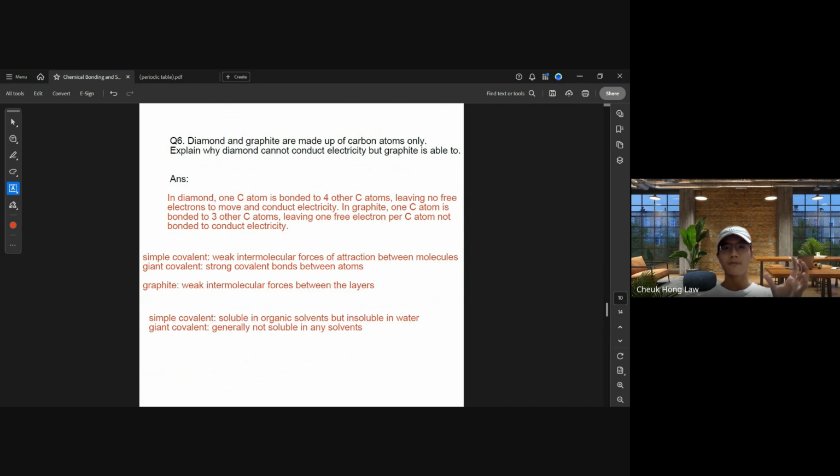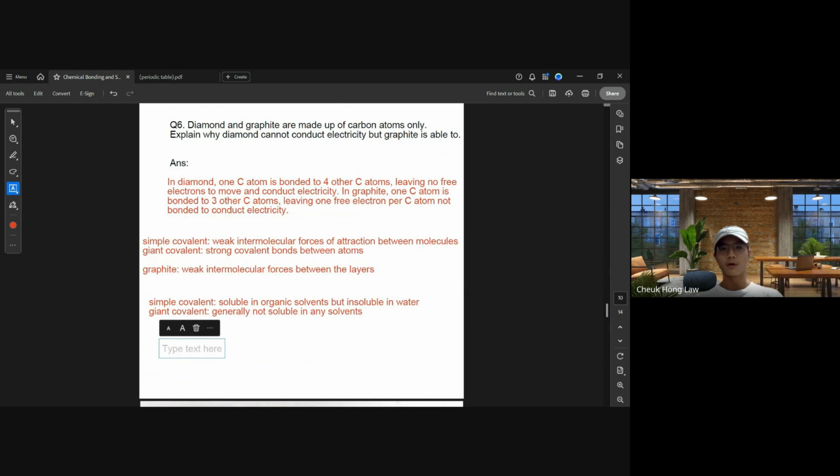First you have the main 4, which is your giant ionic lattice structure, that is for ionic compounds. Then you have your simple covalent structure or simple molecular structure. Then you have giant covalent structure. Then you have giant.